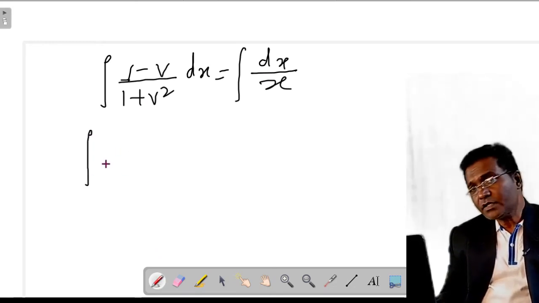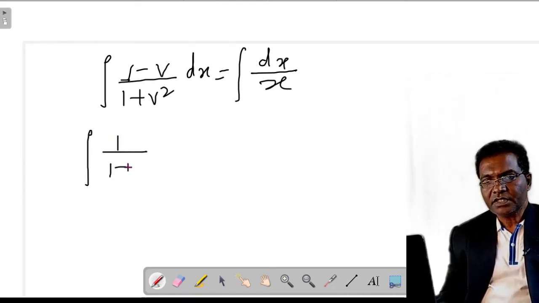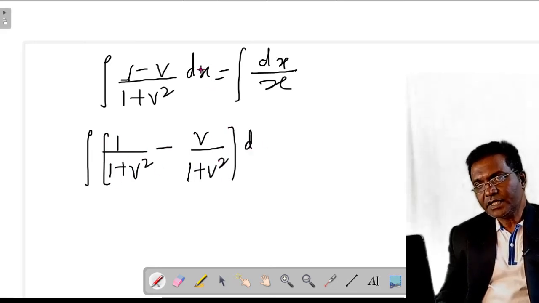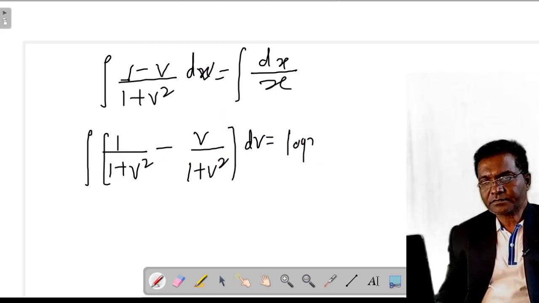How good you are at integration depends. I can write 1 by (1 plus v square) as one term, minus v by (1 plus v square) as the second term, dv. On the other side it is log x plus c.